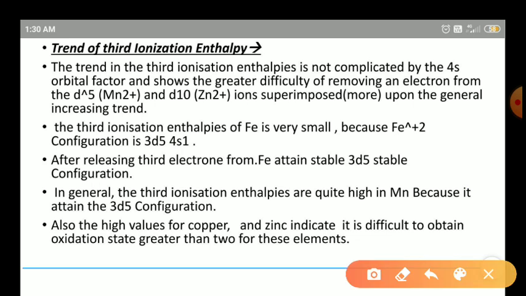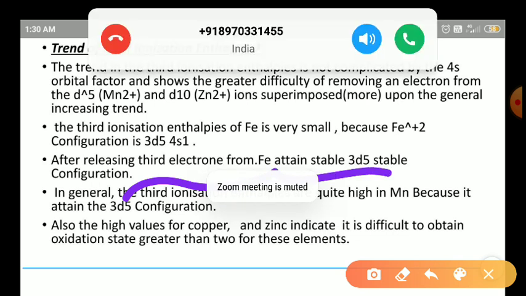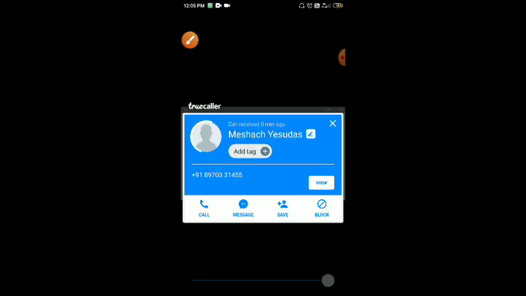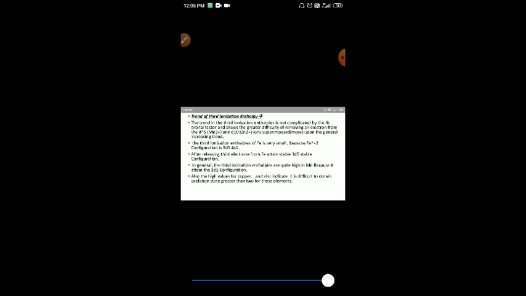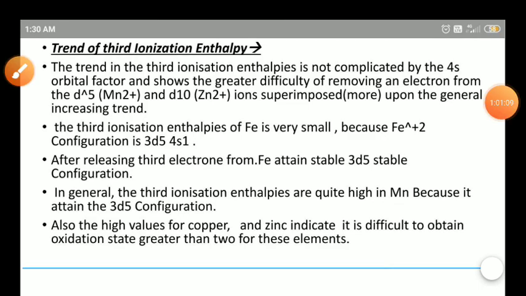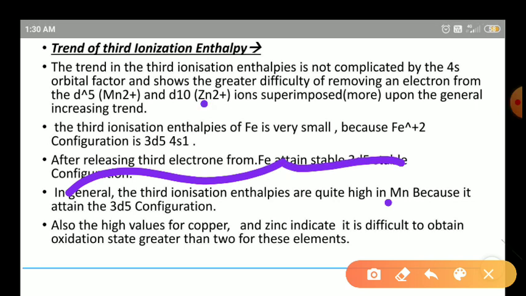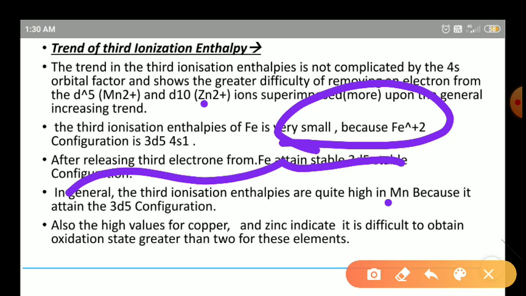Students, the third ionization enthalpy is quite high in magnesium and zinc, but it is very less in iron.